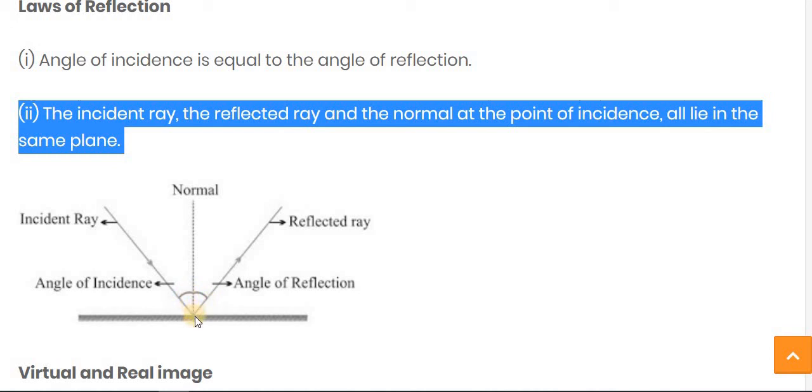Here you can see, this is the incident ray, this is the normal and this is the reflected ray. They all meet at one point on the surface. So we can say that the incident ray, the reflected ray and the normal at the point of incidence all lie in the same plane.